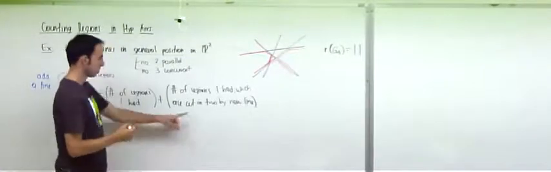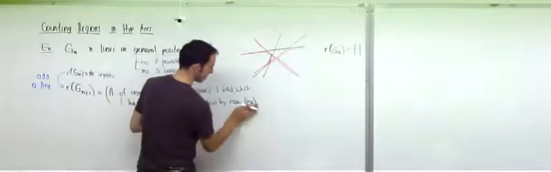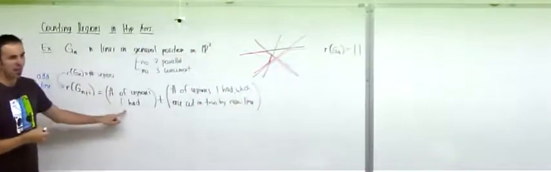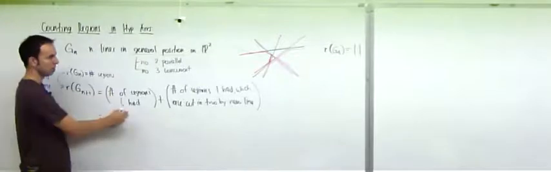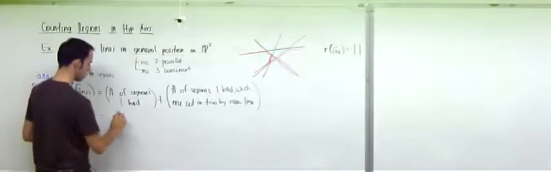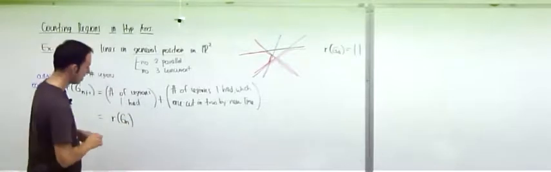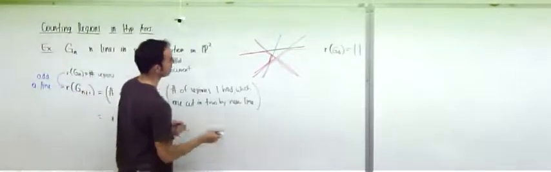So let's compute these two numbers. So how many regions did I have before? Well, that's R of Gn, right?